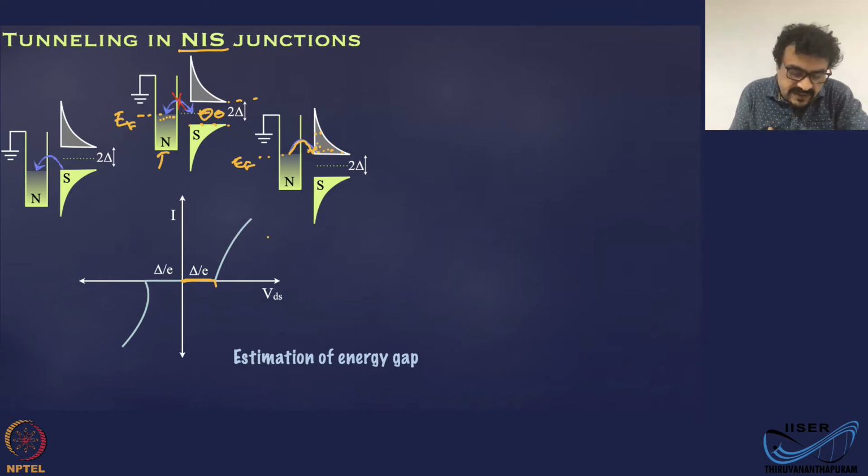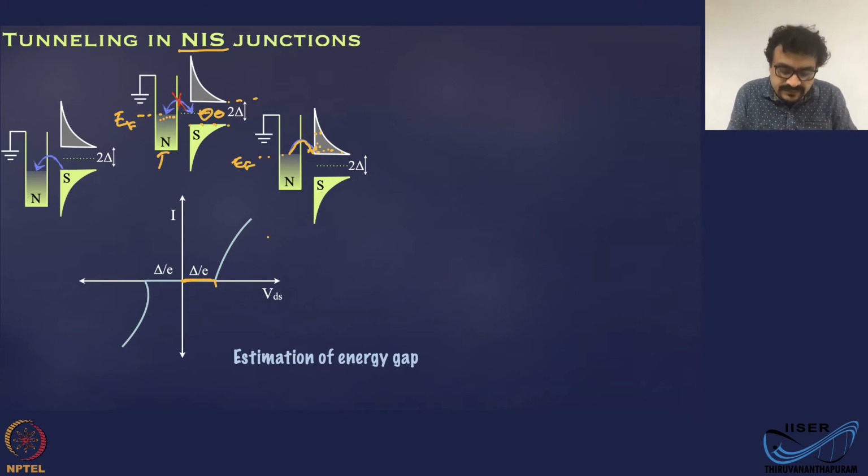In a similar way, in the negative direction, what you are doing is taking the metal side down, or lifting the superconducting side up. There, you have carriers in this band, which is delta below the Fermi energy.